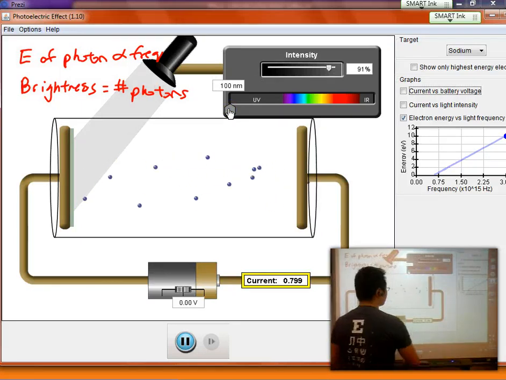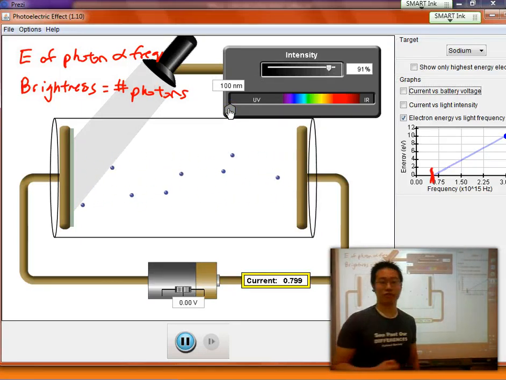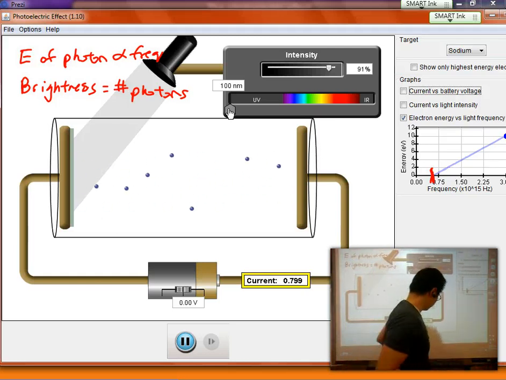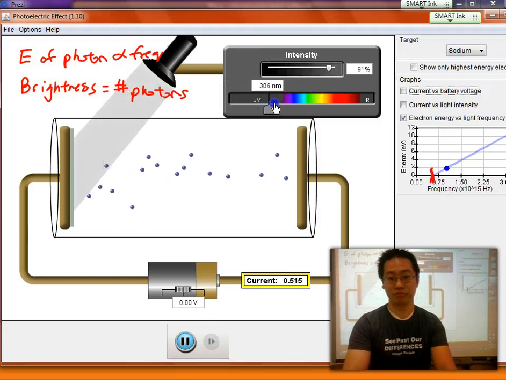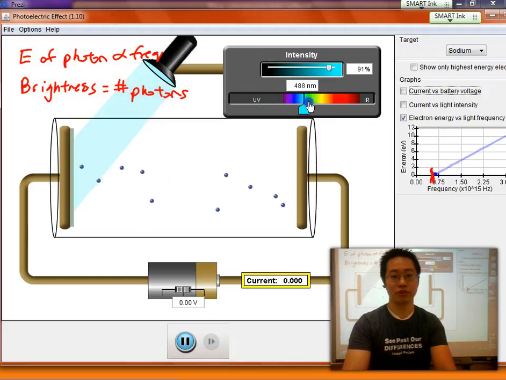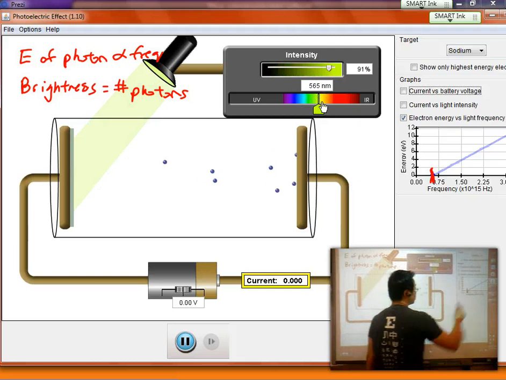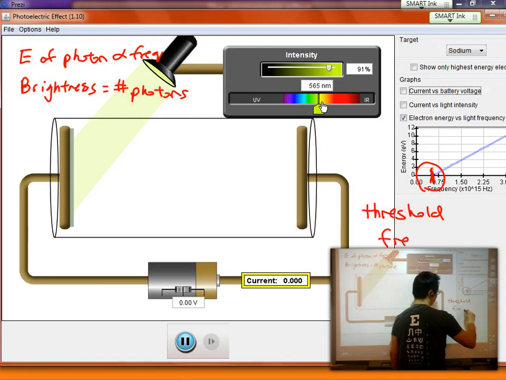But notice there's a point down here where if it falls below that frequency, nothing comes out. If I move the bar down now the other way, once I go below that frequency, nothing comes out anymore. That point is what we call the threshold frequency.